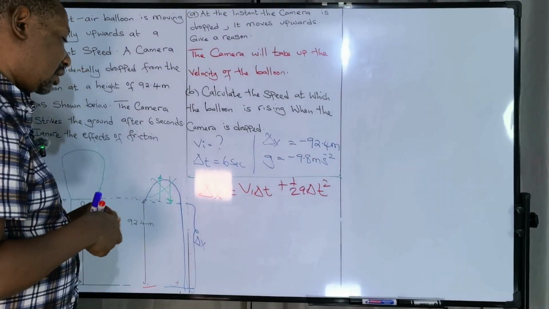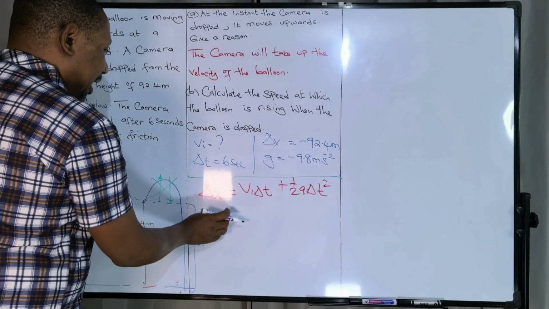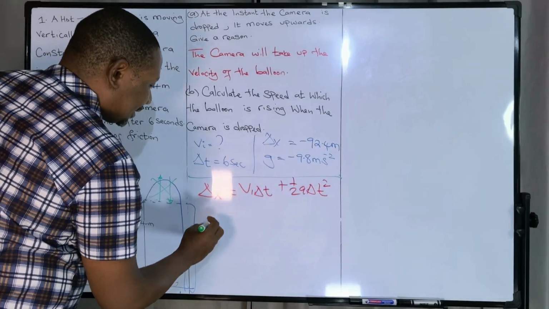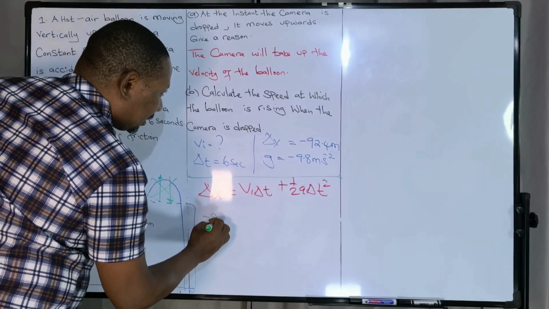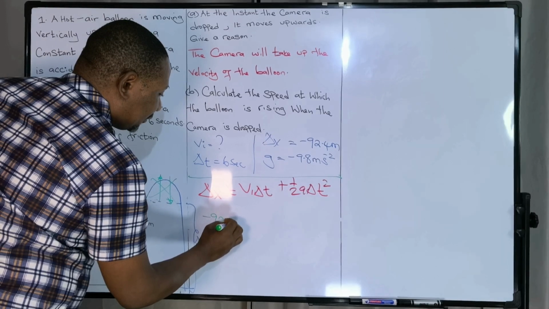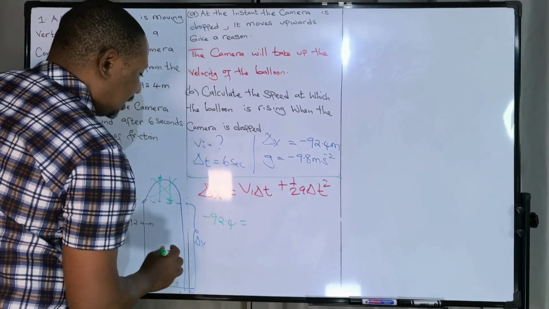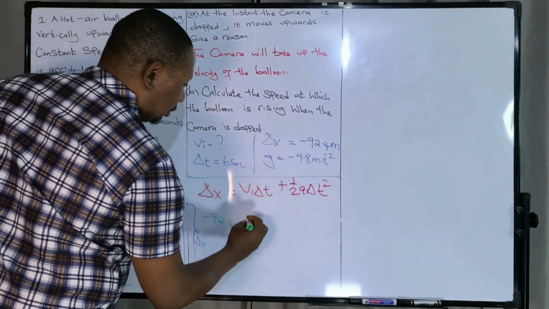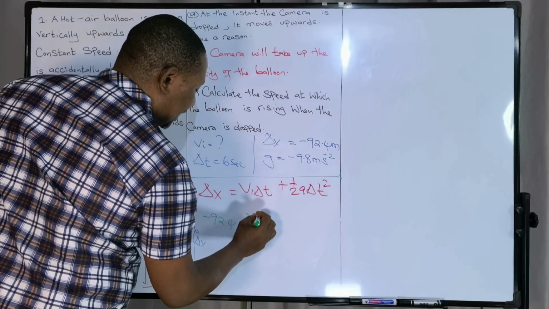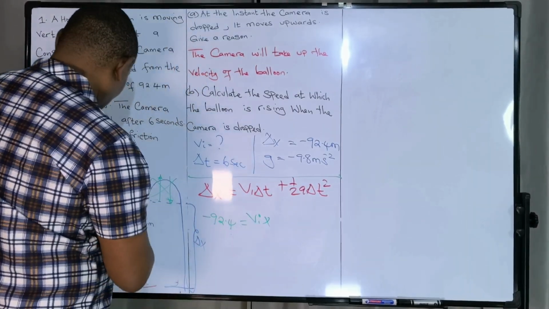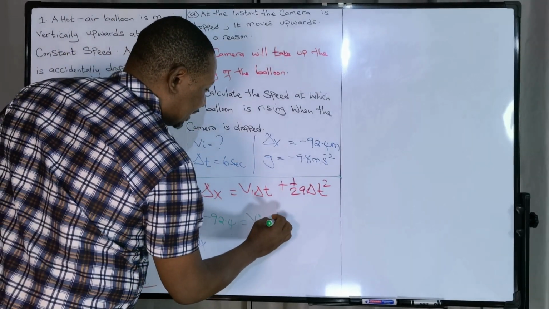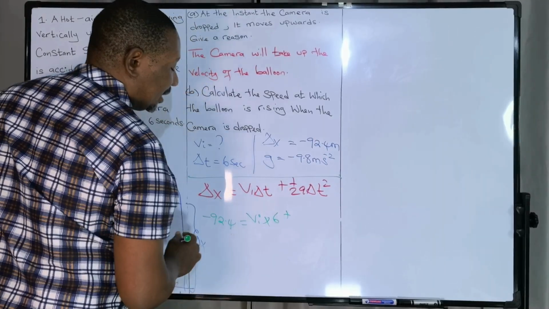So after the equation, what do we do? We substitute. Yes, we have delta x. Our delta x is negative 92.4. Yes, vi we don't know, it's what we are determining, but we know t. Delta t is 6. Then what else do we have?